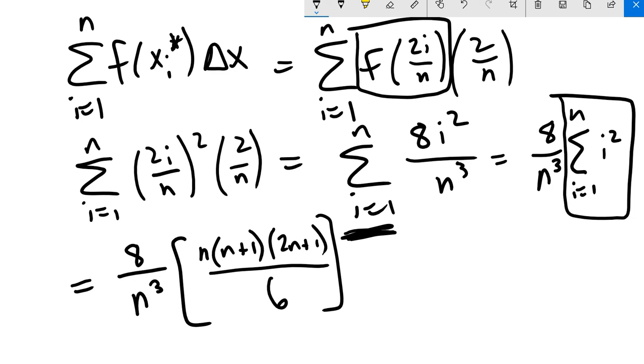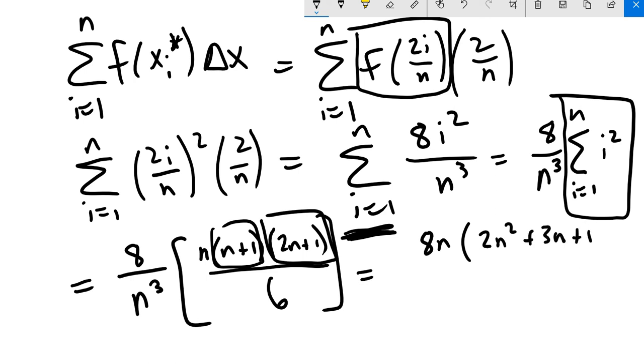Now we can multiply things out a little bit here, and I'm going to pull my 8n with my n plus 1, and then I'm going to multiply this and this. So I'm going to get 2n squared plus n plus 2n, which would be plus 3n plus 1 divided by 6n cubed.